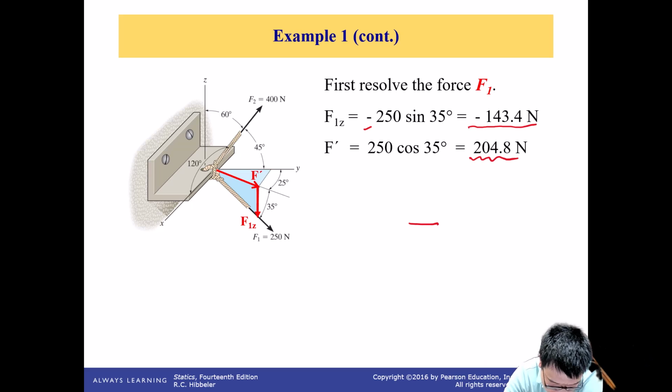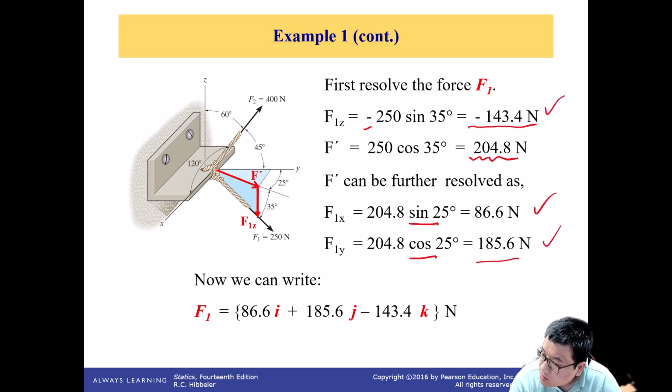And its component F1y will be F prime times cosine 25. Use a calculator, and we get F1y, the magnitude is 185.6.